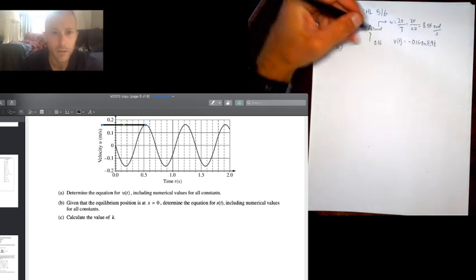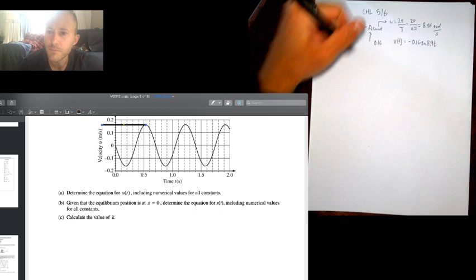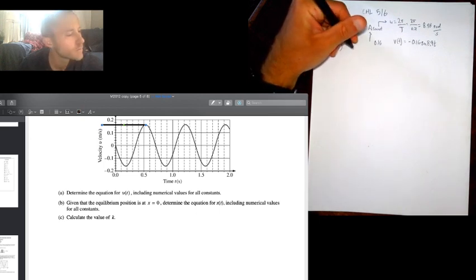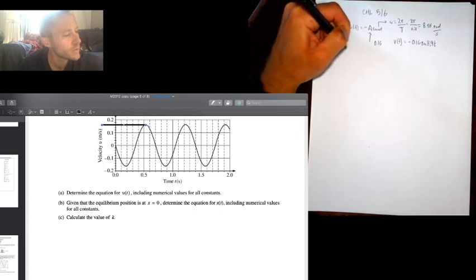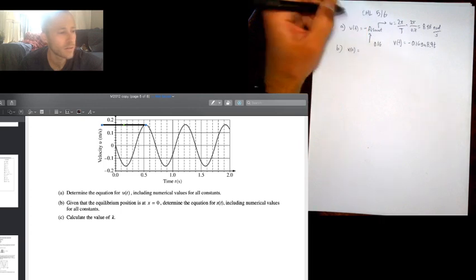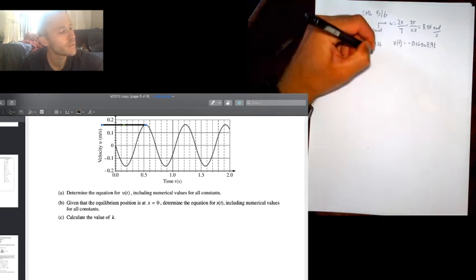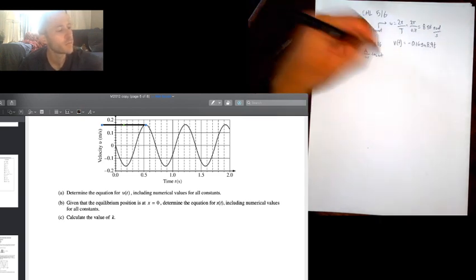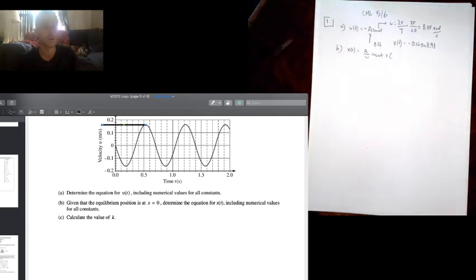Doing the integral, x of t equals a over omega cosine of omega t plus a constant.